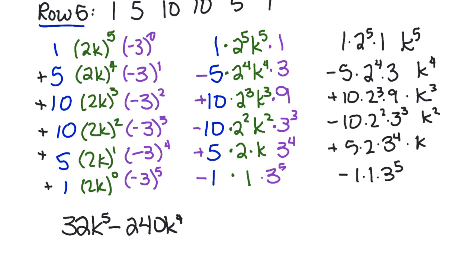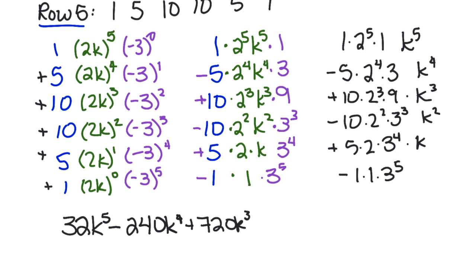Then I'm going to do 10 times 2 cubed times 3 squared, which is also 9. We wrote it down as 9. 720. So now I have plus 720 k cubed.